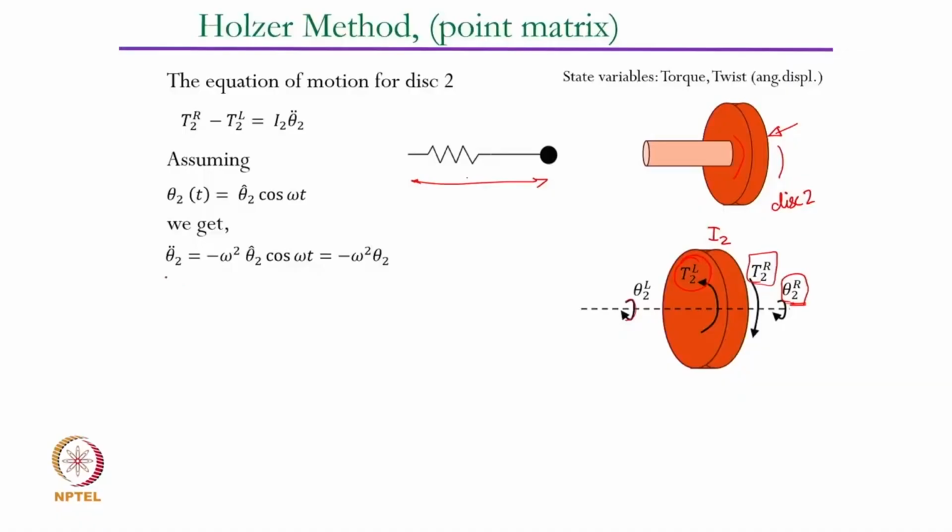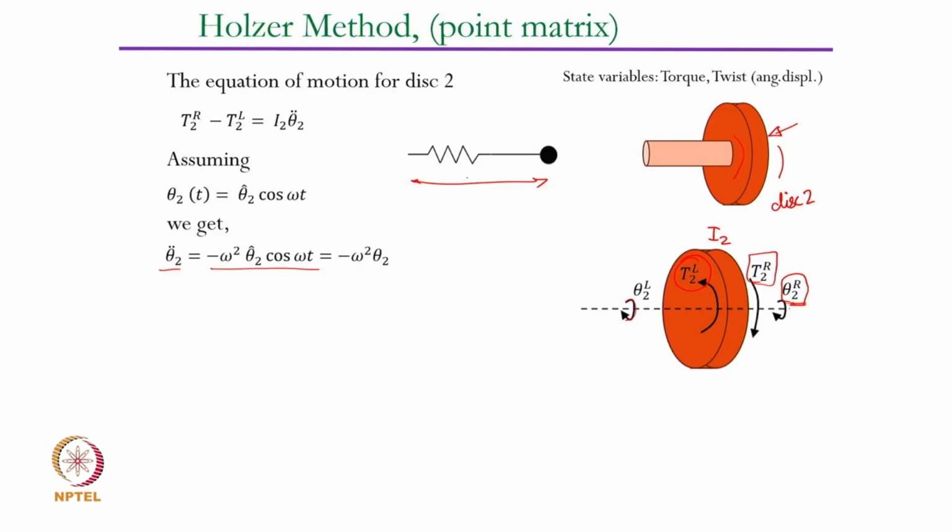So when we are assuming a principal motion, assuming that there is a harmonic natural mode vibration taking place, then theta 2 cos omega t represents the harmonic vibratory motion. Now when that happens, theta 2 double dot is going to be minus omega square theta 2 cap cos omega t, which means equal to minus omega square theta 2.